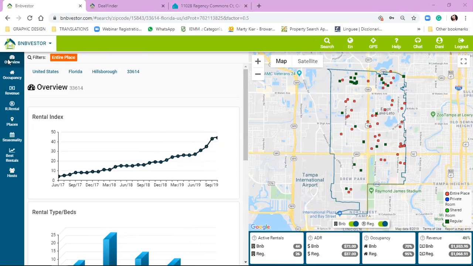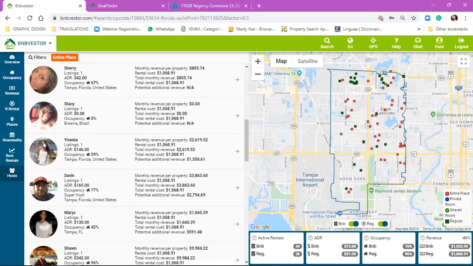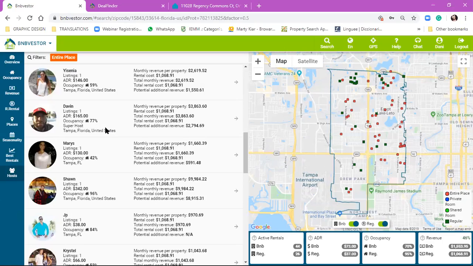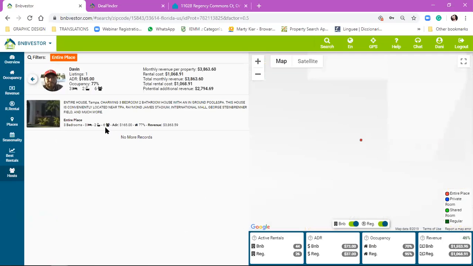Okay, so now I'm going into the host area. Let's take a look over here at what we can see. Okay, look at this one. David has one listing. This is very similar to the other one that we looked at, Carla, right?